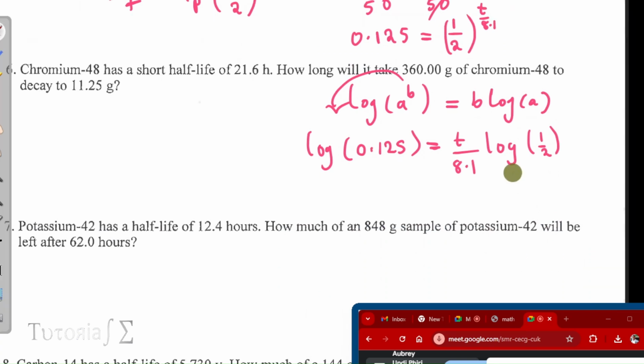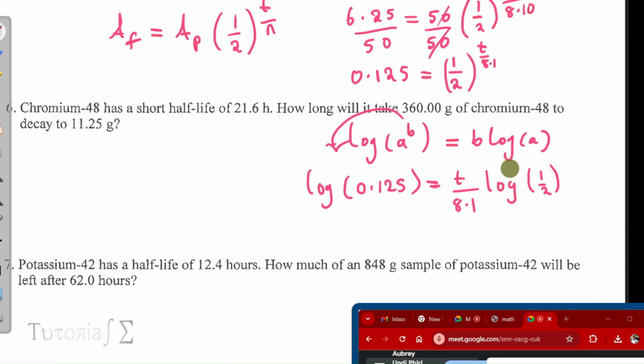So when the part t over 8.1 drops, does it become a fraction? No, it drops as it is. You see t over 8.1, right?